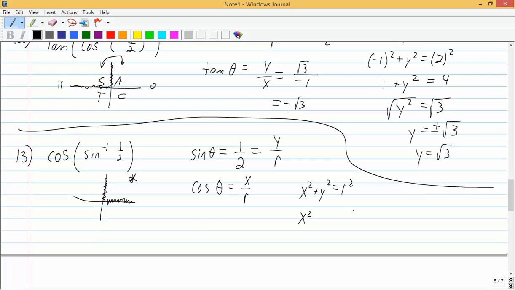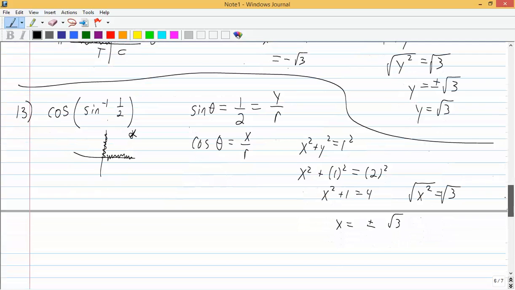Solve for x. So x squared plus 1 squared equals 2 squared. So x squared plus 1 equals 4. So x squared equals 3. So x equals what? Plus or minus the square root of 3. But since we're in the first quadrant, we're going to use the positive one.